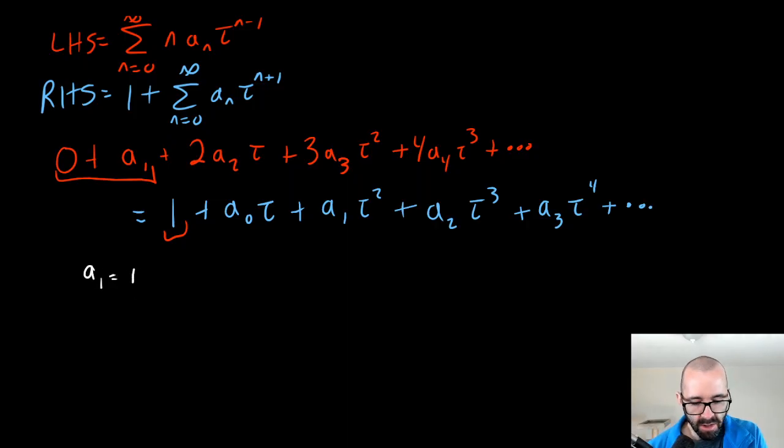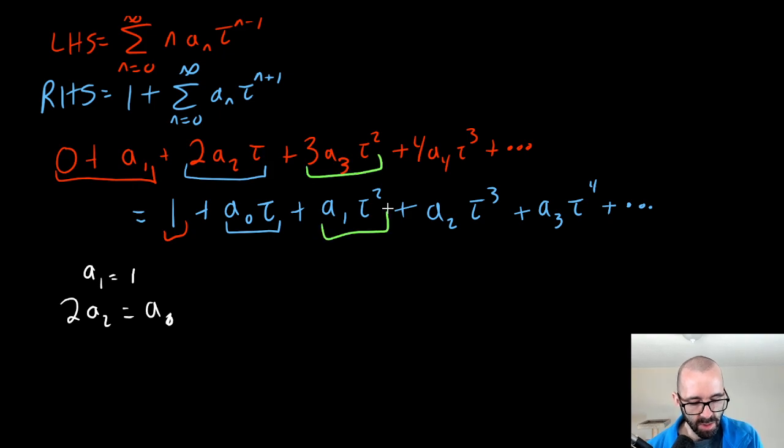We know that the linear terms have to equal each other, right? Which means that 2 times a sub 2 is equal to a sub 0. All right, we know that the quadratic terms have to equal each other.